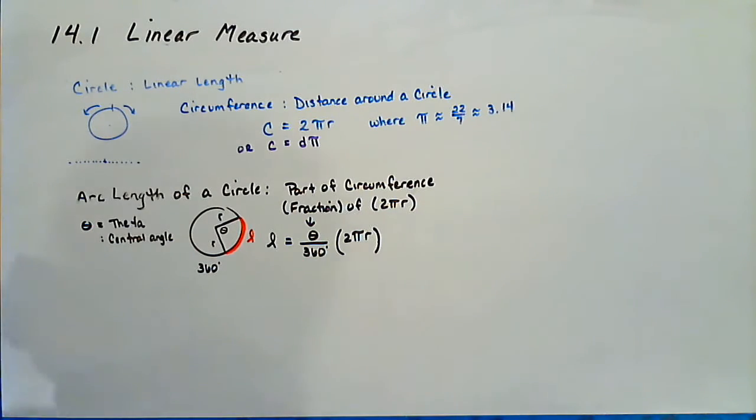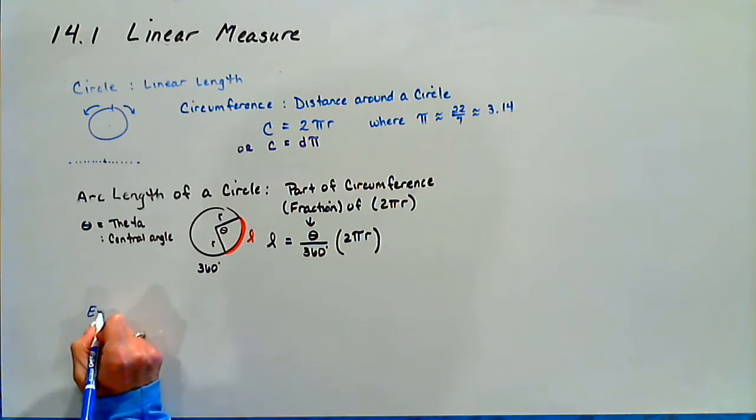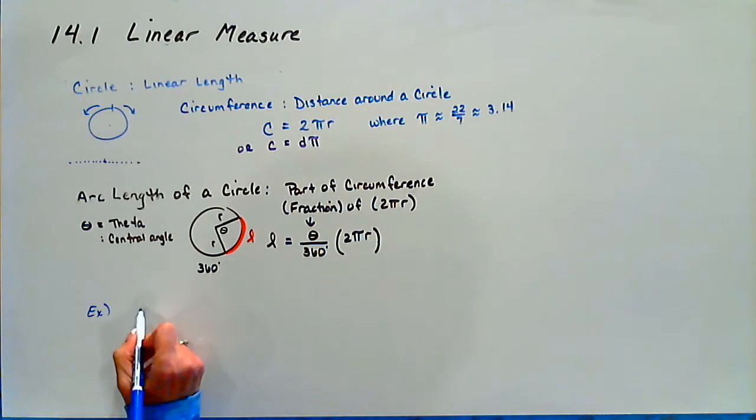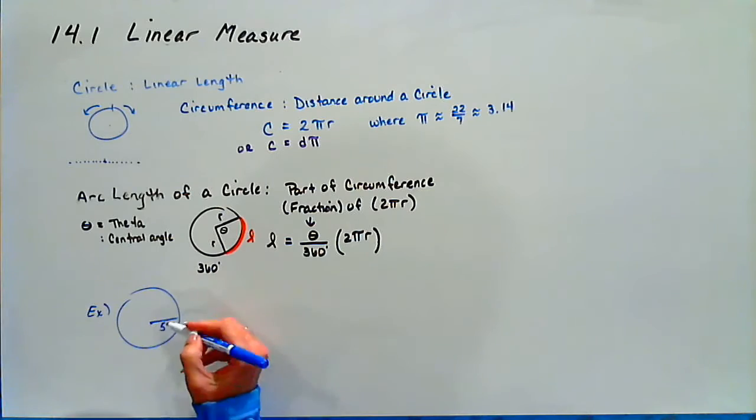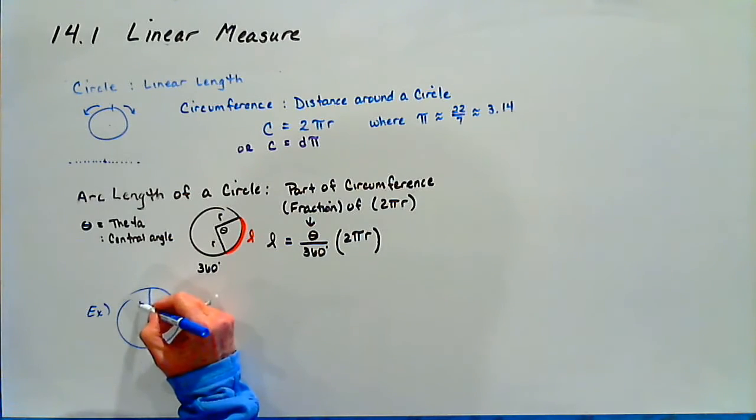Okay? So it's just a fraction of the circle. It's a portion of the circle. So let's say, for example, I give you a circle of radius 5. My circle's a little off.